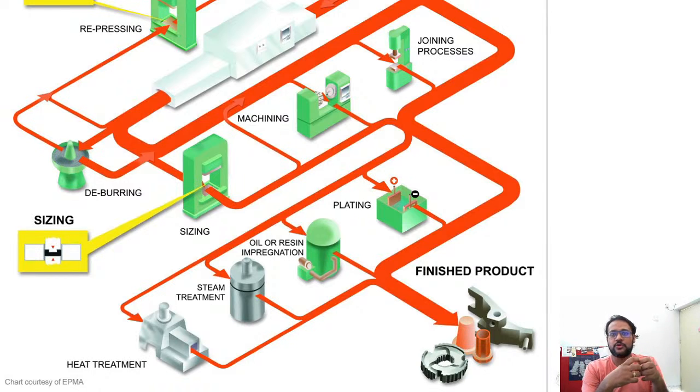Generally it's a good idea to ensure that the part has absorbed some amount of oil. Now this is not done very typically in most parts, but some applications require that to happen.